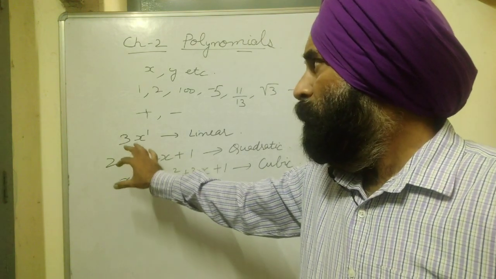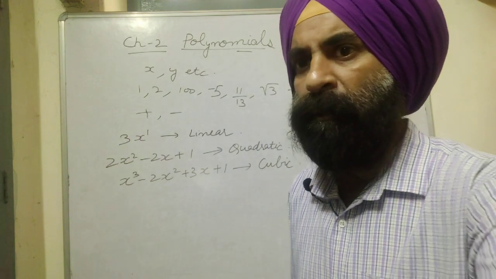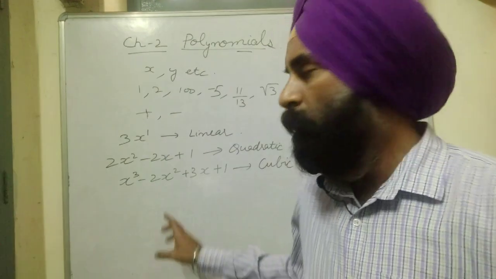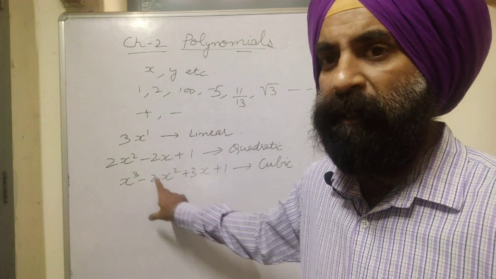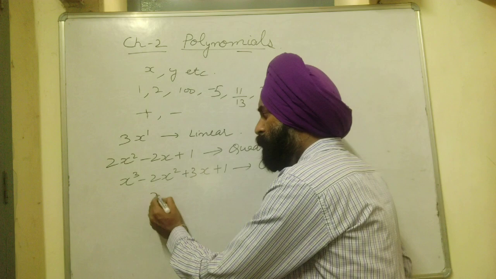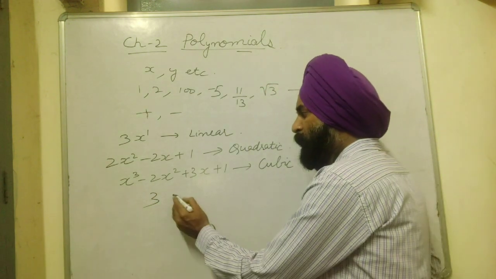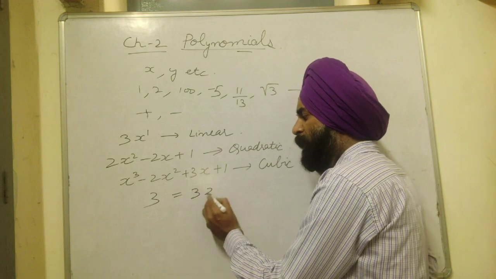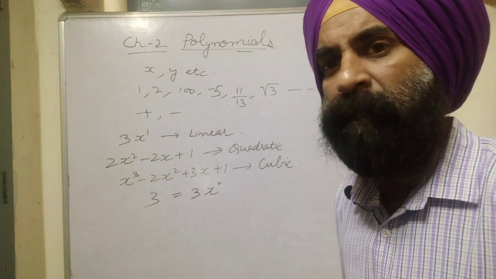Now when we talk about a polynomial, we see it consists of some constant terms and some variables. If I write 3 here, you all know 3 is a constant, and I can accompany 3 with any variable raised to power 0, because anything raised to power 0 is 1.